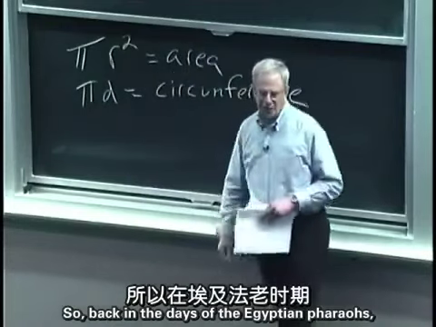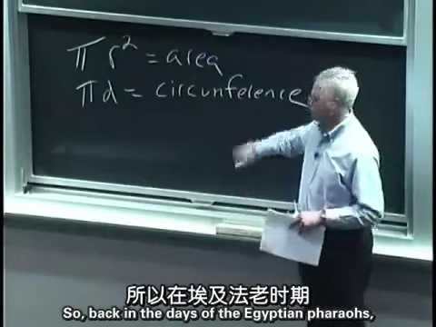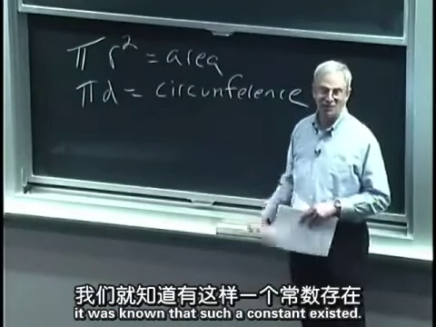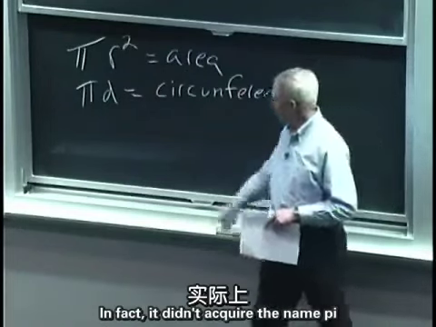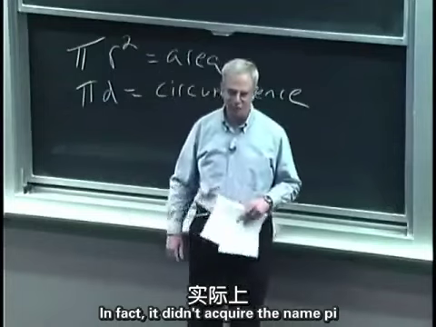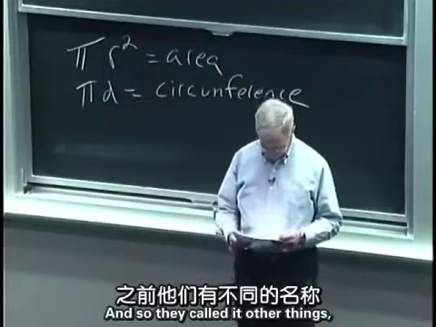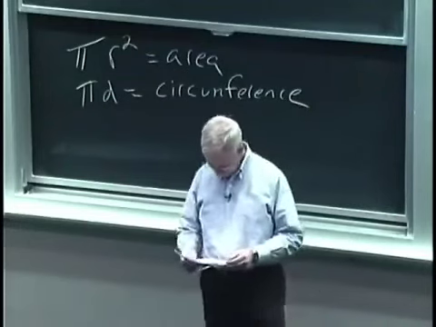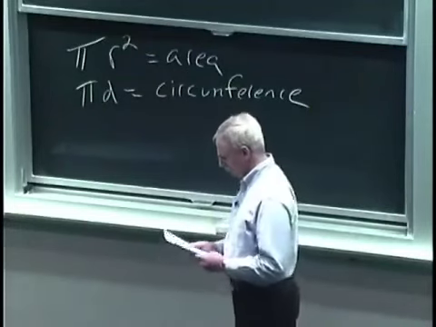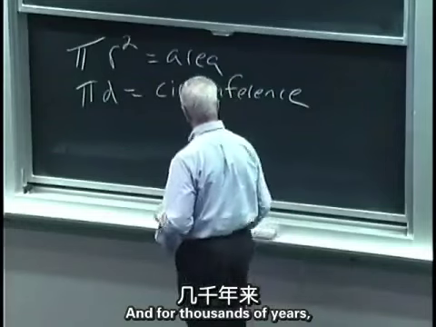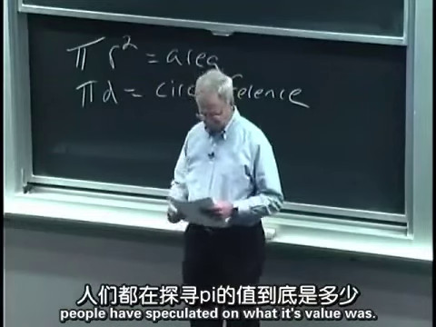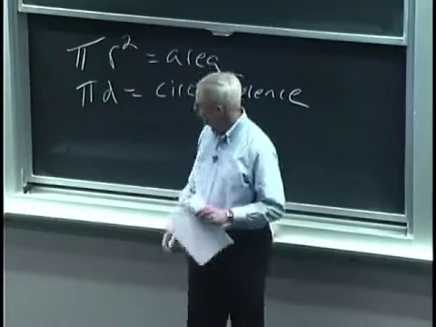So back in the days of the Egyptian pharaohs, it was known that such a constant existed. In fact, it didn't acquire the name pi until the 18th century. And so they called it other things. But they knew it existed. And for thousands of years, people have speculated on what its value was.